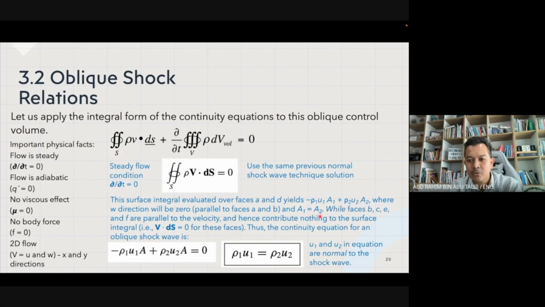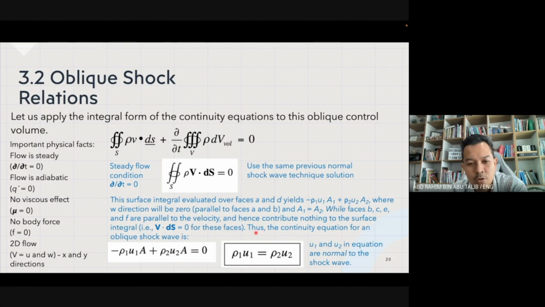It yields the expression of minus rho 1 U1 times A1 plus rho 2 U2 times A2, where the W direction contributes 0, since it is parallel to faces A and D, and A1 equals A2. Faces B, C, E, and F are parallel to the velocity and hence contribute nothing to the surface integral.